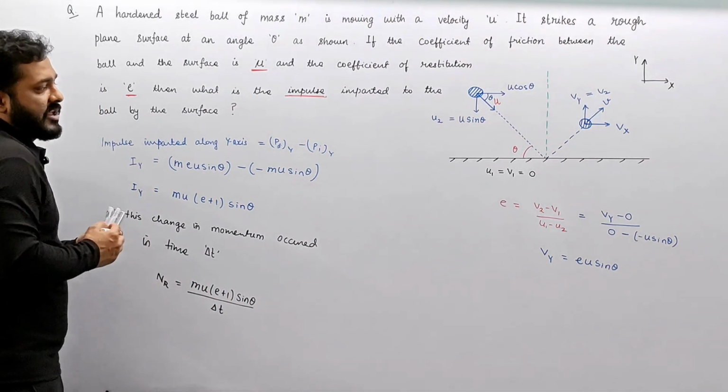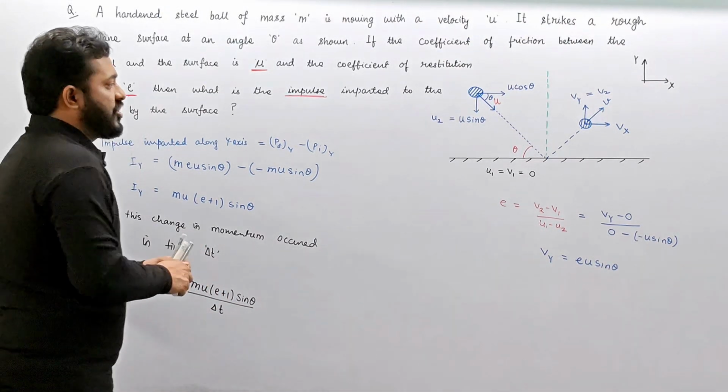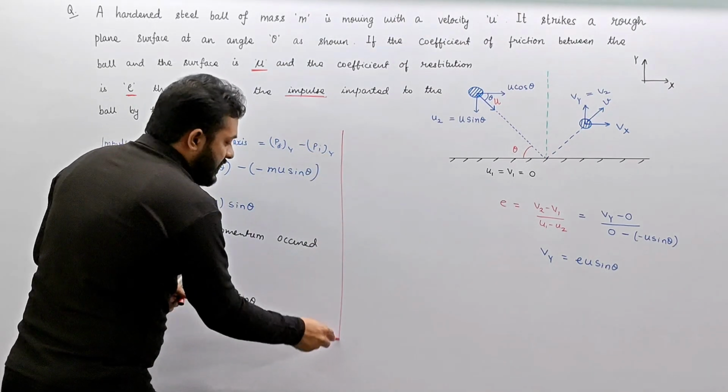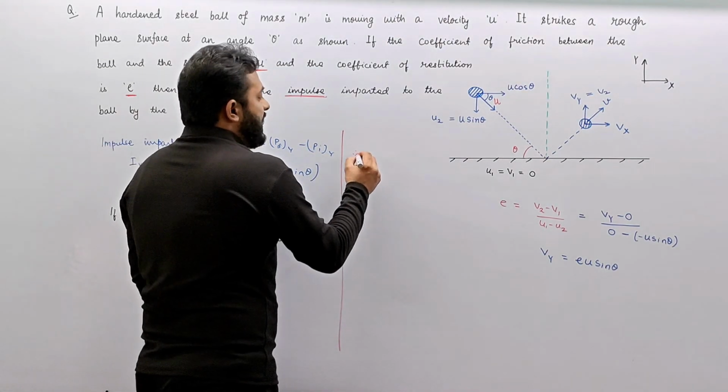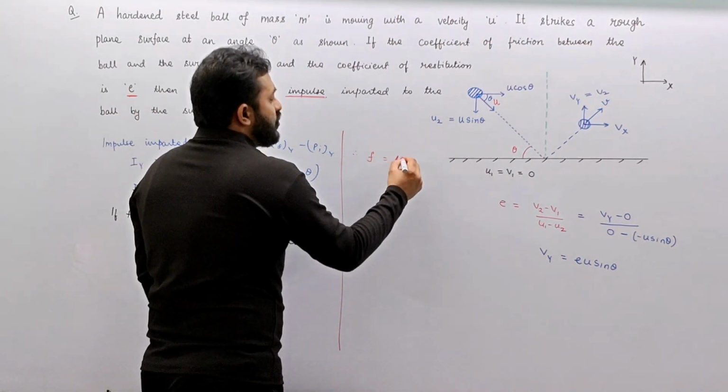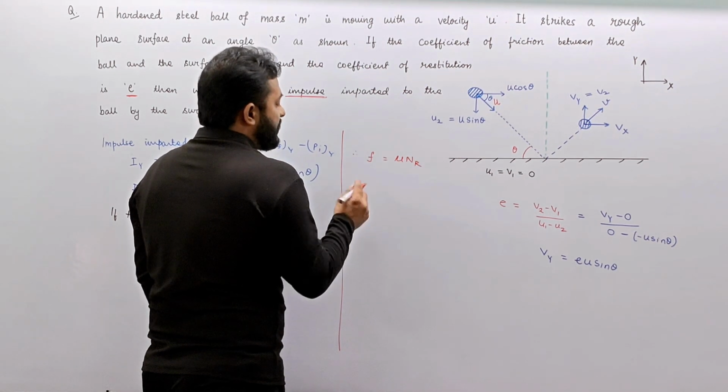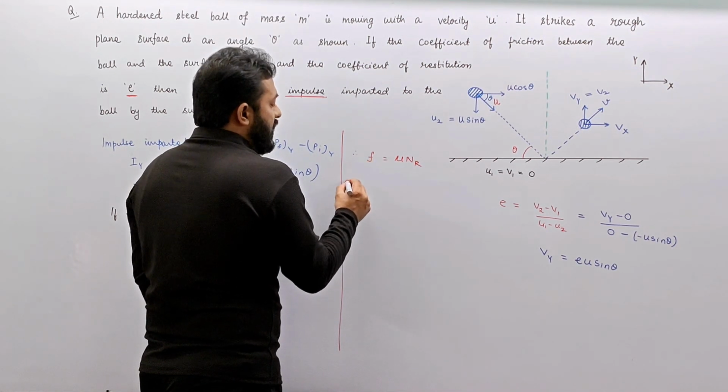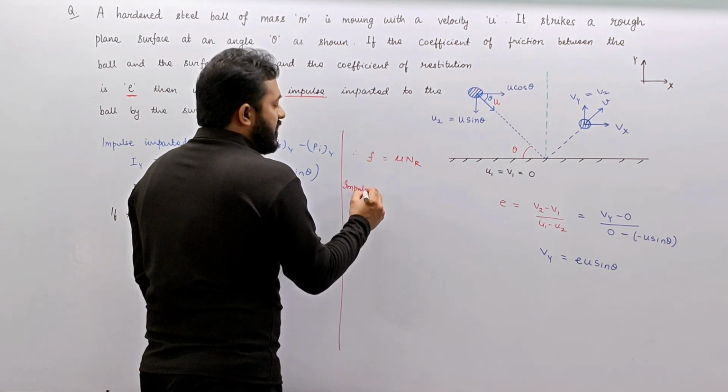Due to this normal reaction force, a friction is going to come into action, and here we write F is equal to mu into the normal reaction force, and this is giving us the value of impulsive friction.